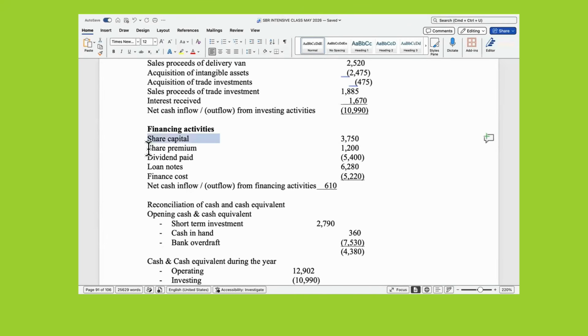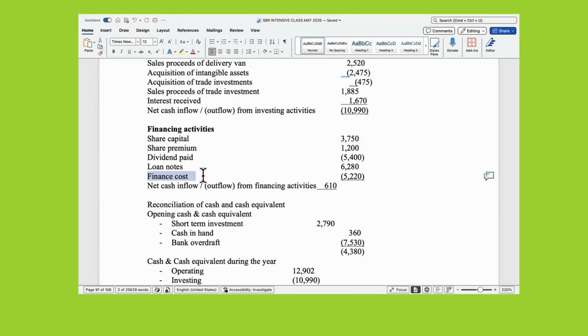Increase in share capital, increase in share premium, dividend paid, increase in loan notes. And don't let us forget the finance costs that we had to add back in operating activities to work back to PBIT. You come and actually treat the item here in financing activities.